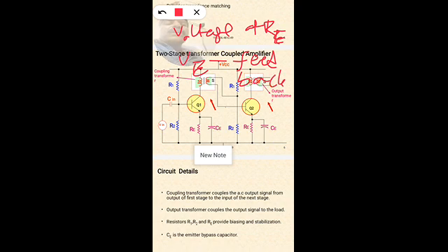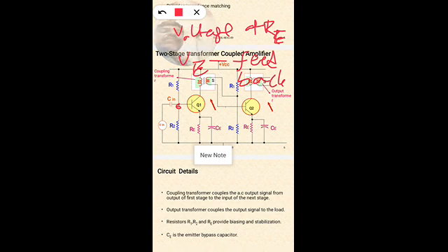It offers negative feedback voltage connected to the base voltage. So when the current flows through RE, that produces the voltage VE. This voltage VE is connected to the base, or to the input, as a negative feedback voltage.